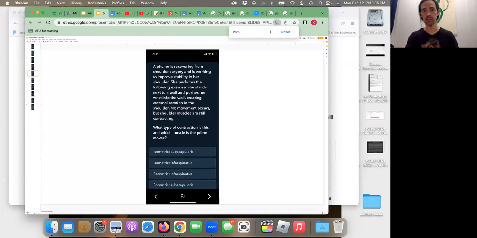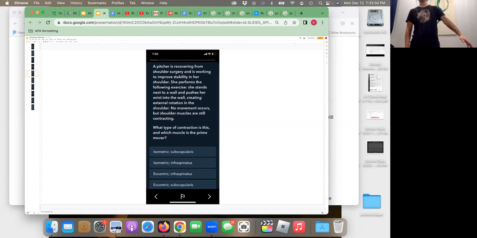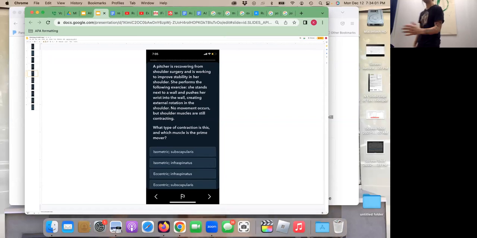Okay, a pitcher is recovering from a shoulder surgery and is working to improve stability in her shoulder. She performs the following exercise. She stands next to a wall, let's say the wall is here, and pushes her wrist into the wall, creating external rotation. So this is abduction, not external rotation. External rotation looks like this. So it's going to be more like this, maybe even more like that.